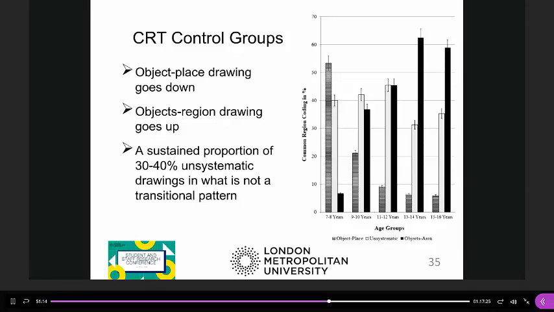This is how it should be, but what we found as well, in this British sample, the previous sample was a continental one, is that we have 30 to 40% of unsystematic region allocation. And this is a constant percentage which goes down a little bit from 40 to 30%, but it's not a transitional pattern. It's a substantial percentage of the typically developing children who show unsystematic drawings.